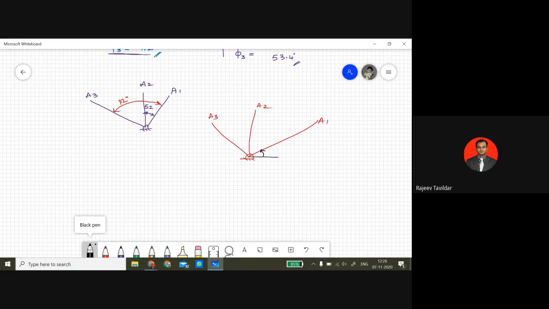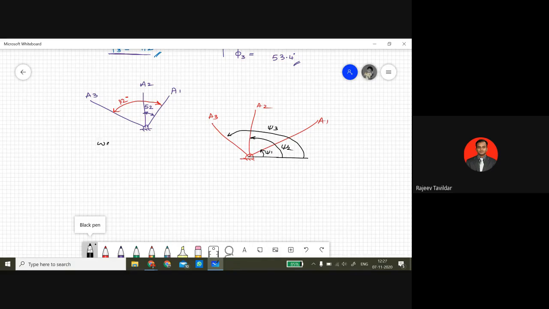This one should be my psi 1. Psi 1 is the angle made by the first position with respect to horizontal. Similarly, psi 2 is the angle made by the second position with respect to horizontal, and psi 3 should be the angle made by the third position with respect to the horizontal. So this is actually what I need.